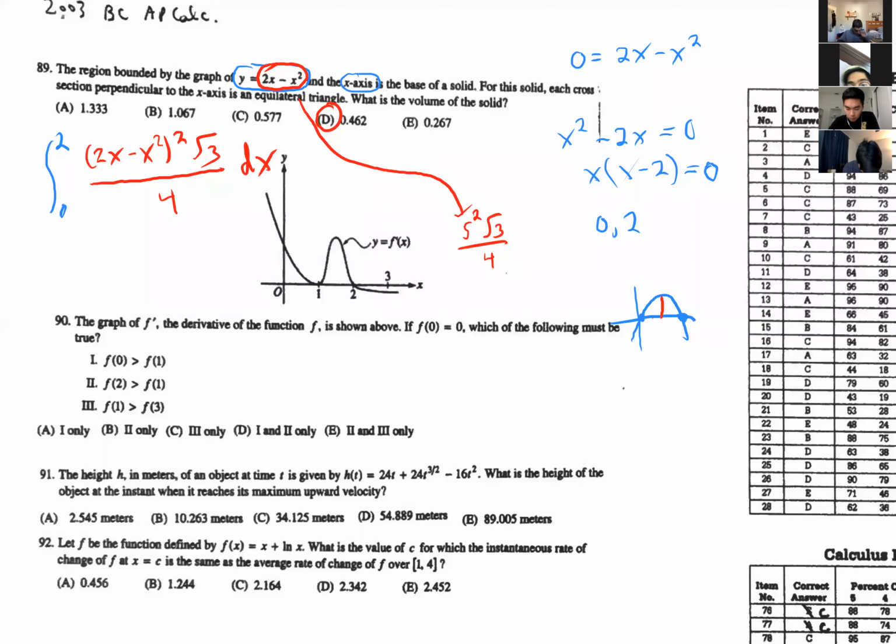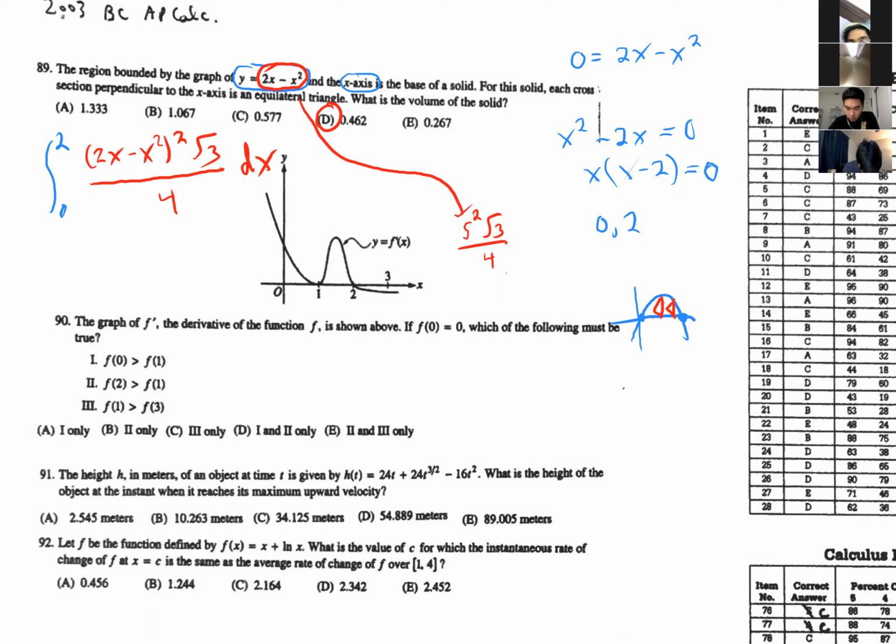So this would be one side, and this makes it perpendicular to the x-axis. That would be one side length, and the other two sides are coming off the screen like this. So the side length of the triangle is just the y coordinate of the graph.